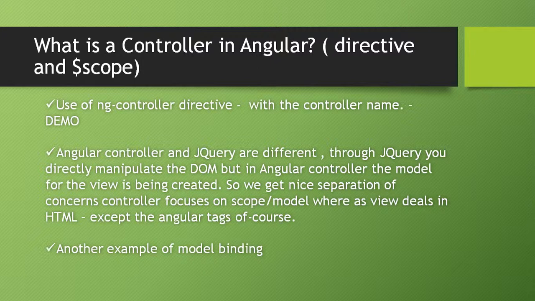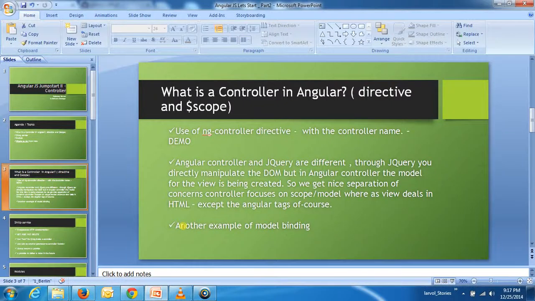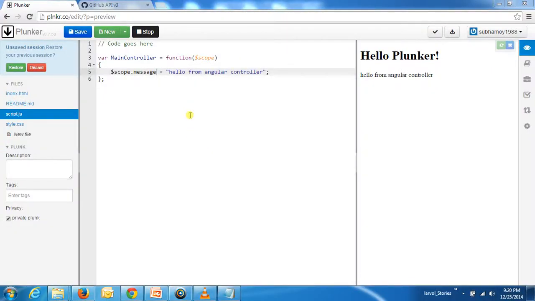And now let's get into a little bit more of a real life example. Okay, so let's go ahead. What we will be doing is creating a person, and that person's first name will be displayed here, the last name will be displayed here, and also the picture of the person we will get from an online URL.